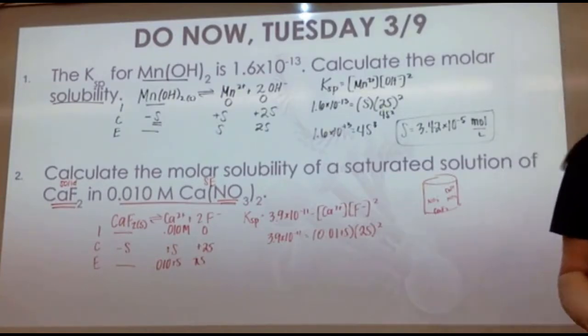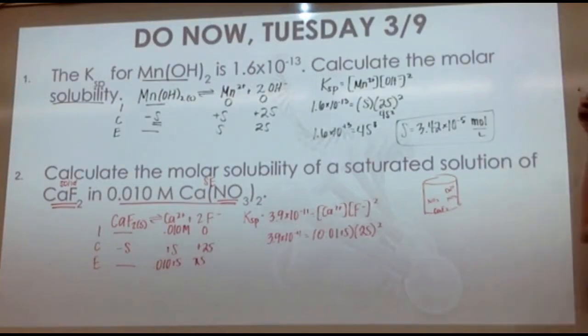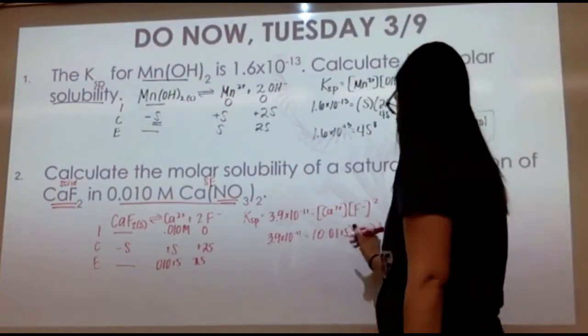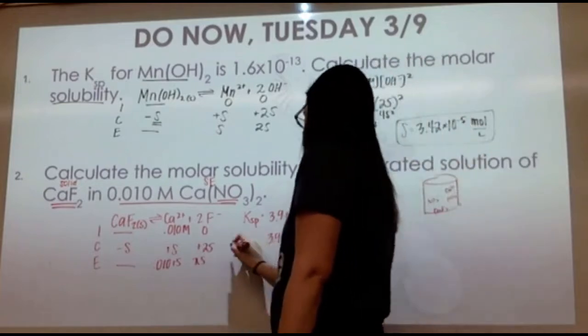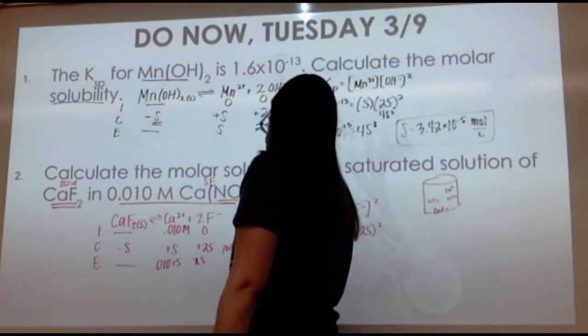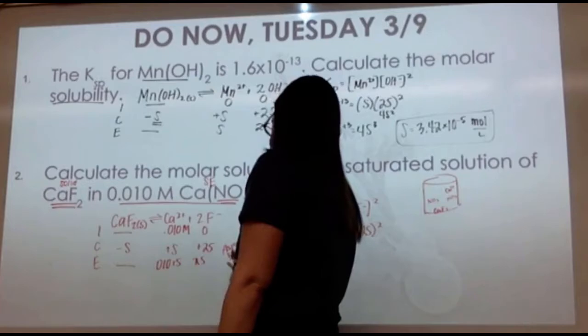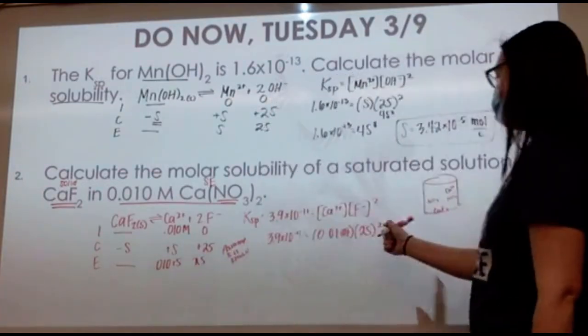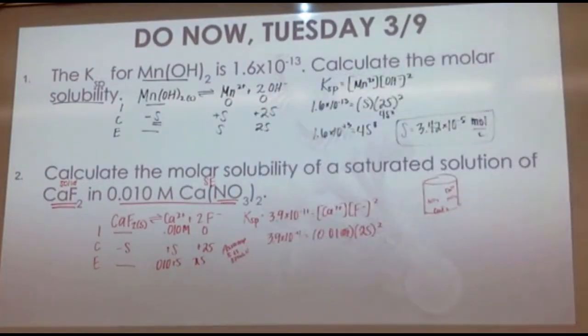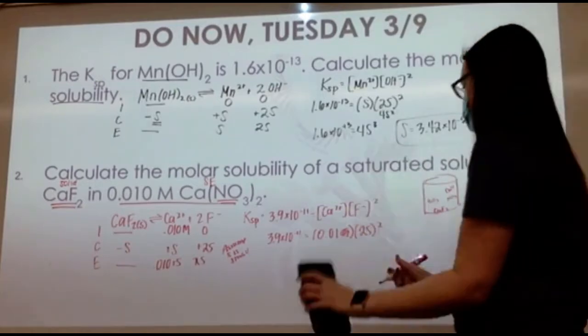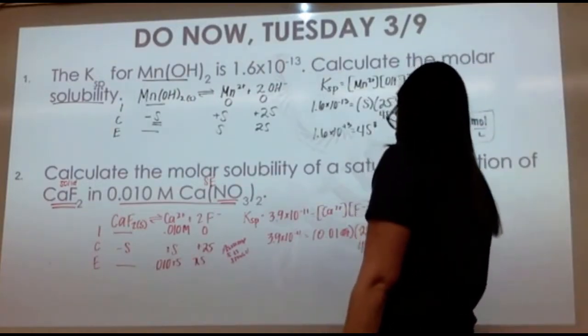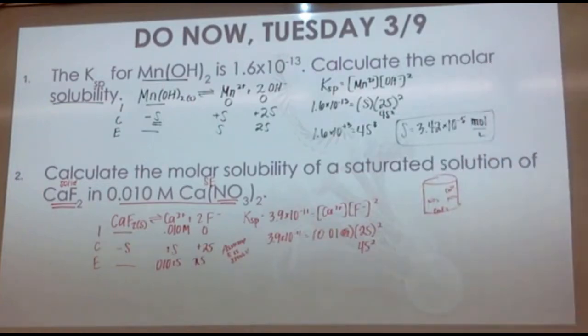This is a common ion problem. This is practicing with common ion. Now when you look at this, you might say that's going to be like an S cubed. Well, remember that if we assume X is small, or S in this case, that lets us neglect that plus S. So this becomes 4S squared. You're squaring both things inside the parentheses.